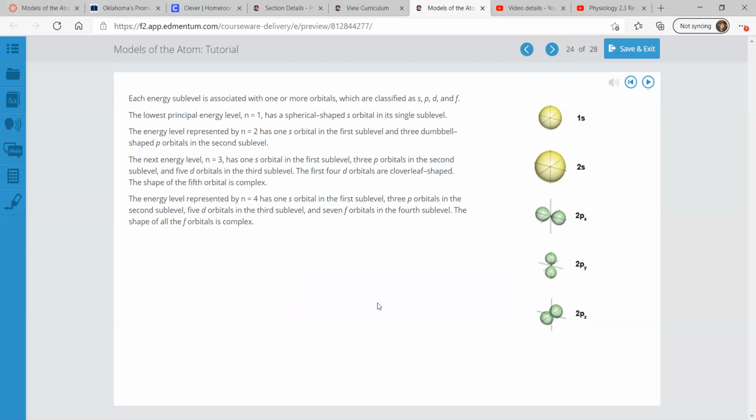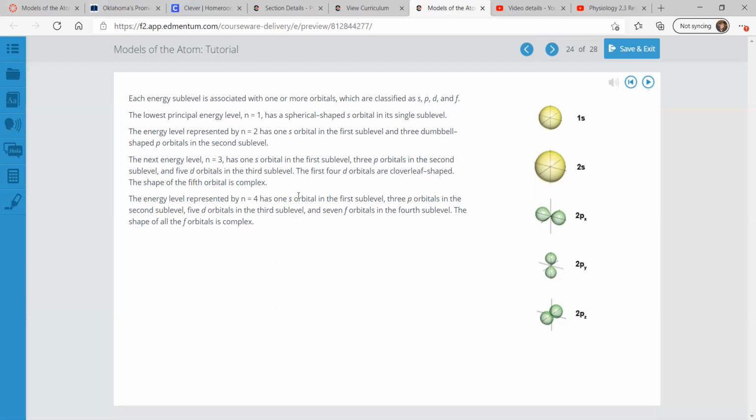And then after that, you have n equals 3. That energy level has one s orbital in the first sublevel, 3 p orbitals in the second sublevel, and 5 d orbitals in the third sublevel. The first 4 d orbitals are cloverleaf shaped, and the shape of the fifth orbital is more complex.